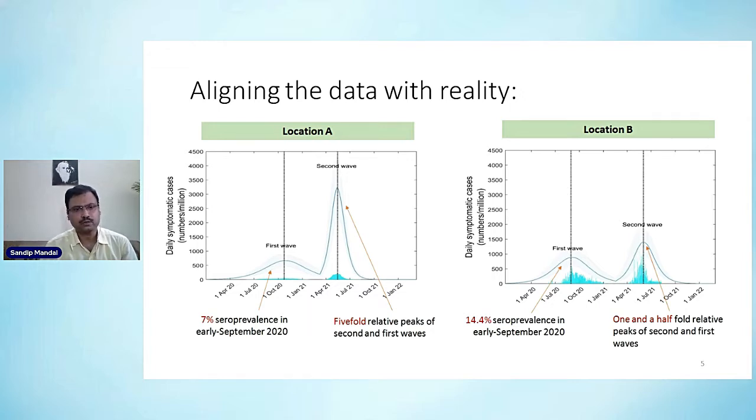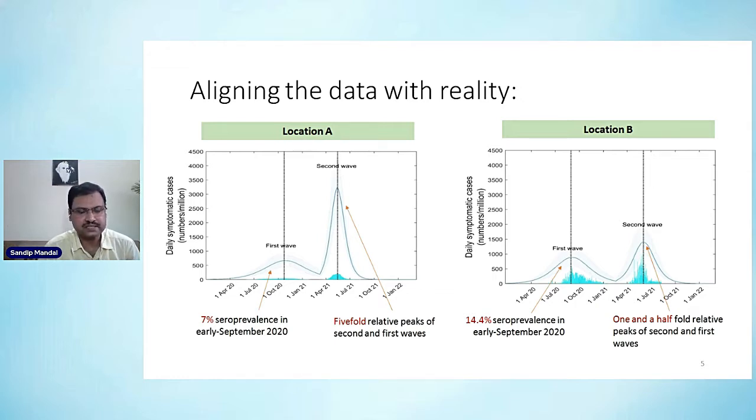We calibrated the model with the seroprevalence data obtained in early September 2020 for the first wave, and we tried to fit what R0 value, what basic reproduction number, gives this curve, where the seroprevalence in September would be 7%. Similarly, we also know at location A, the second wave peak was 5-fold higher than the first wave peak. Accordingly, we estimated the R0 value for the second peak. This way, we calibrated the model.